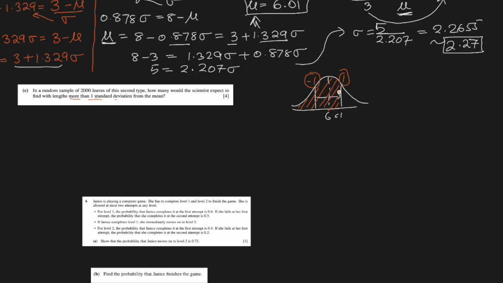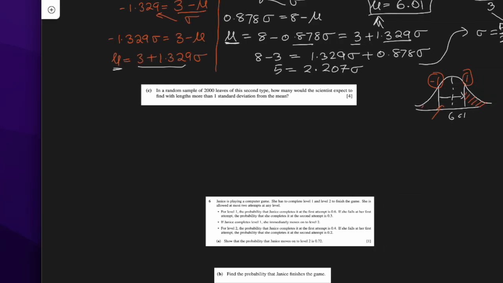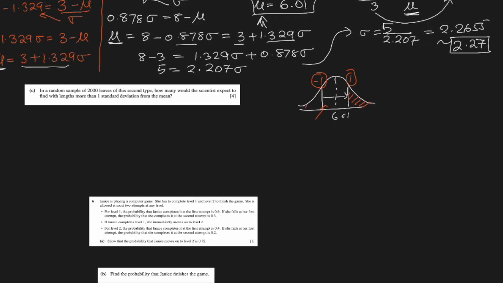This part is closer, so they are not asking for this, they're asking for the part that is away. That means this one. Since this is 0.8413, the one more than will be 1 minus 0.8413, and that will be how much?